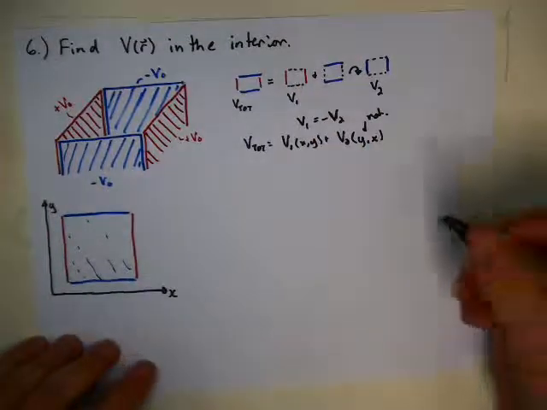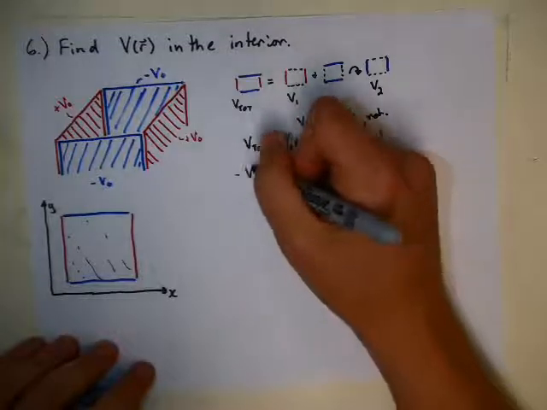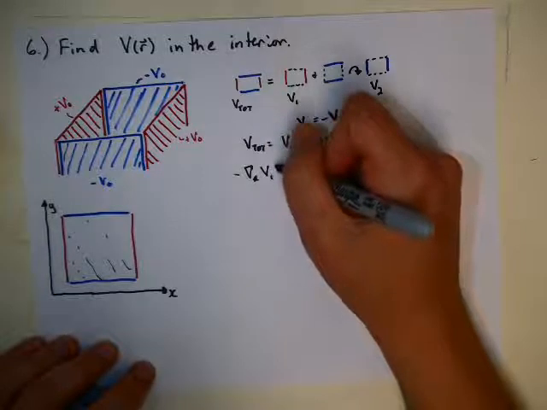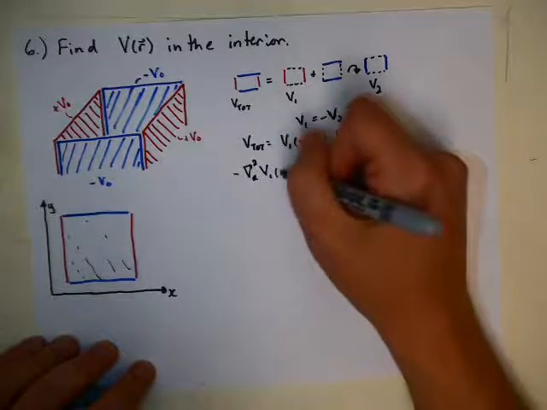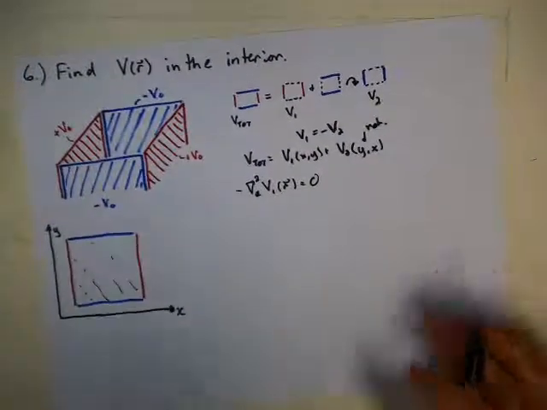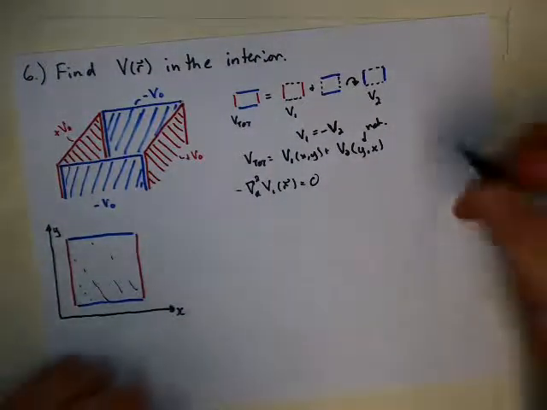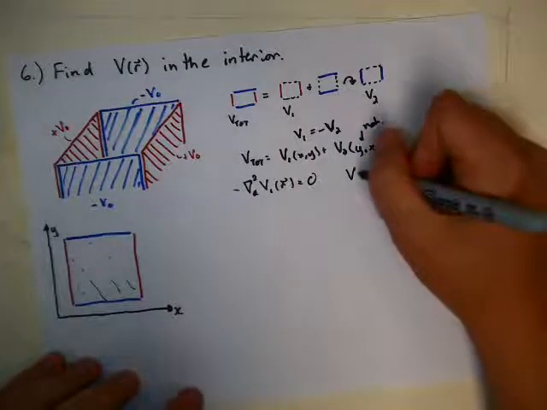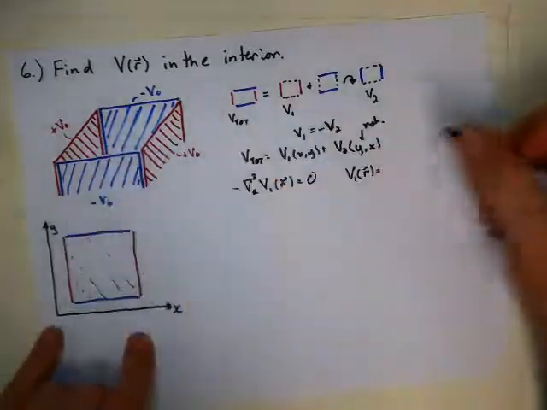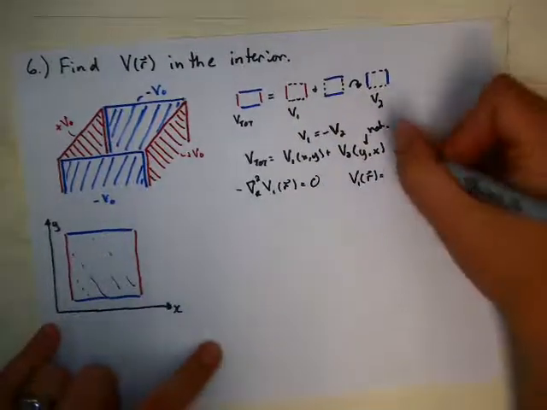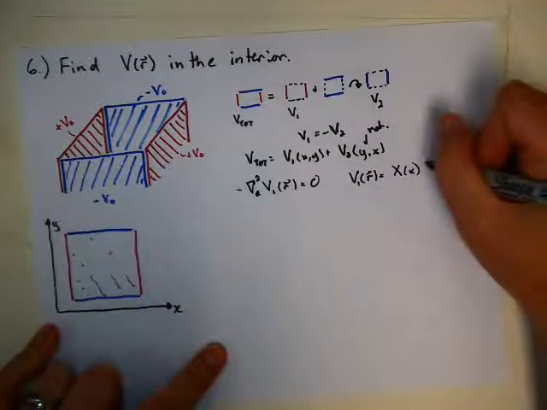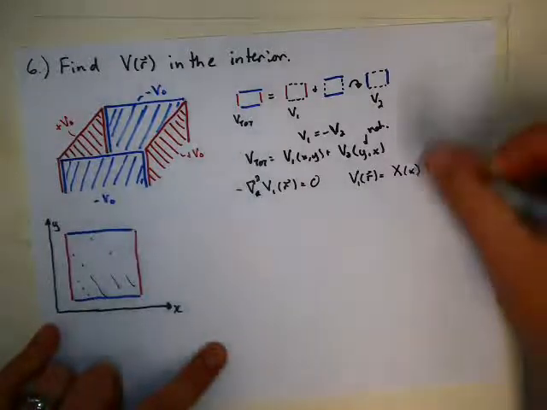We're trying to now solve for V1, so let's write down the problem. The problem is del squared of V1 of r is equal to 0. That's Laplace's equation. We are going to make the condition that V1 of r will only depend upon x and y in our coordinate system, so capital X of x and capital Y of y.